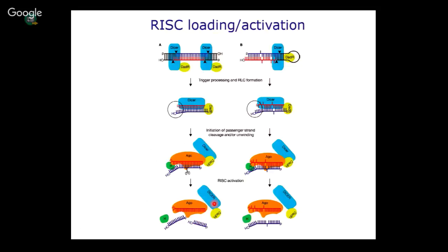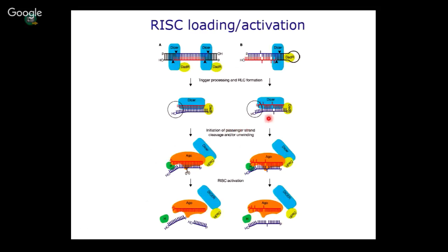The other is for some of the microRNA precursors that contain a bulge or mismatch in the duplex of the pre-microRNA. Then during RISC loading, AGO cannot cut the passenger strand. Instead of cleavage, it triggers unwinding and releases the passenger strand.